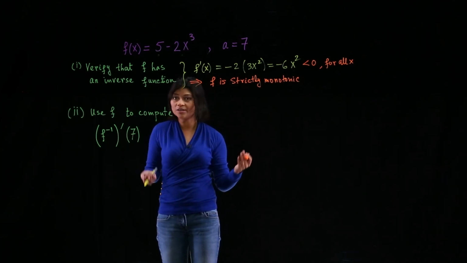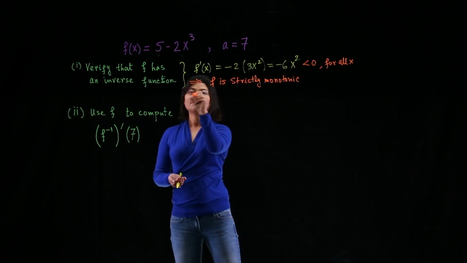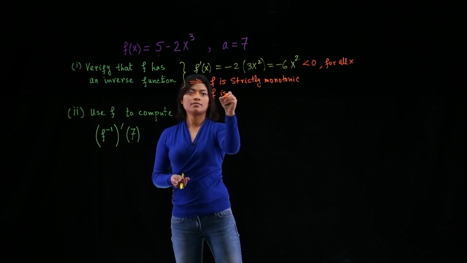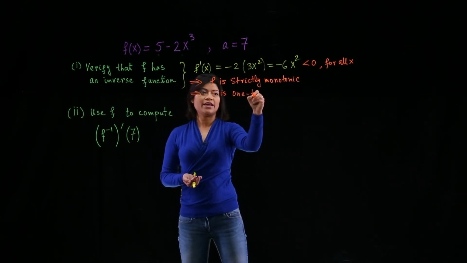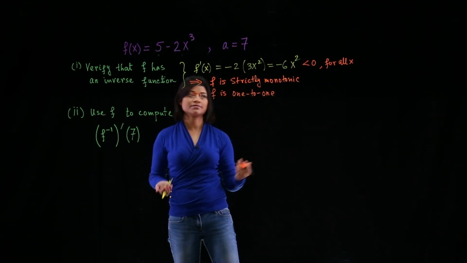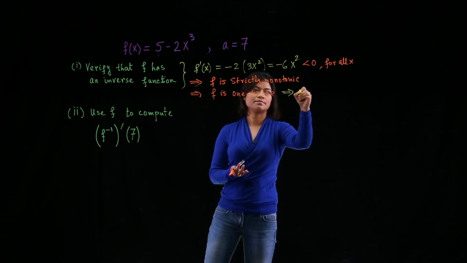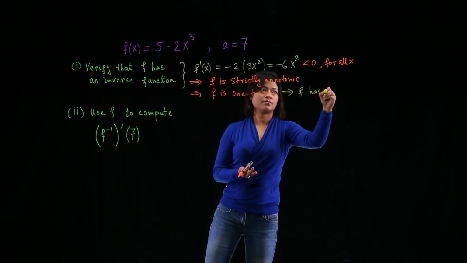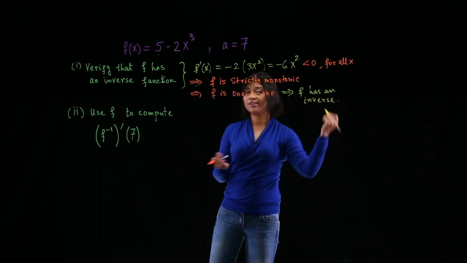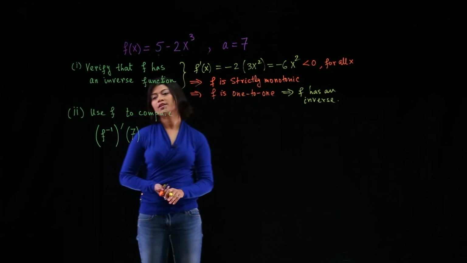And if a function is strictly monotonic, it is one-to-one. And you know that any one-to-one function has an inverse. So this means f has an inverse. So this verifies that the function f will actually have an inverse function, f inverse.